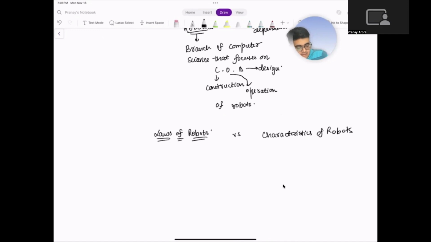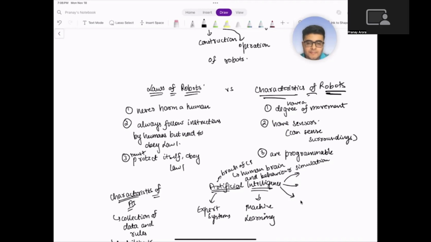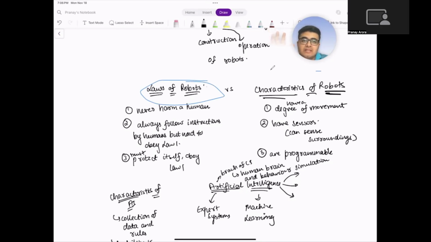Students get confused here because they get confused between characteristics and laws. But remember, both are different. So let's discuss the characteristics and laws of robots. These are two different things, so please do not get confused between them.